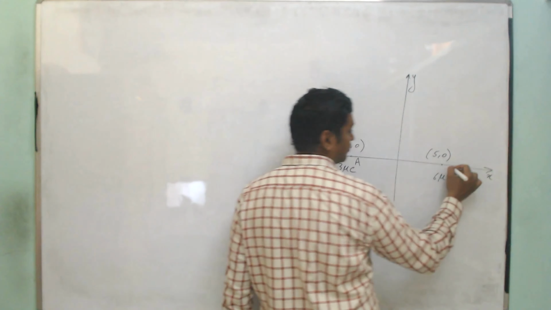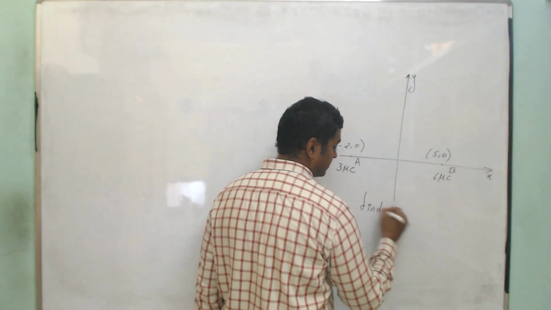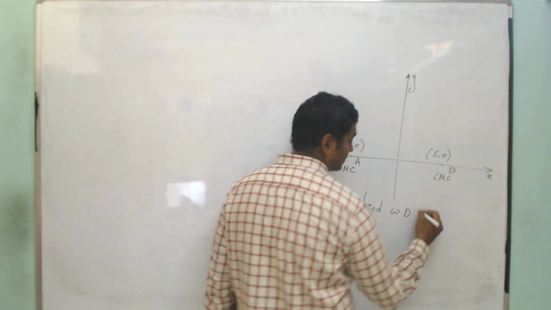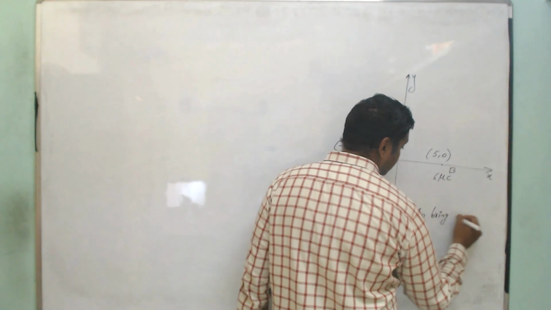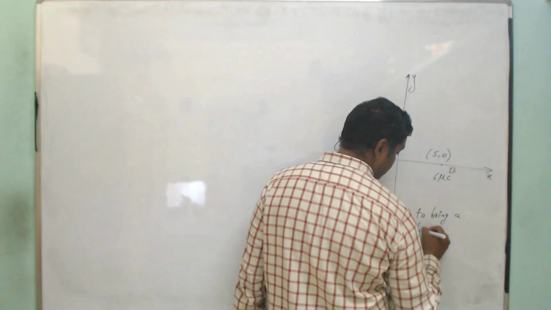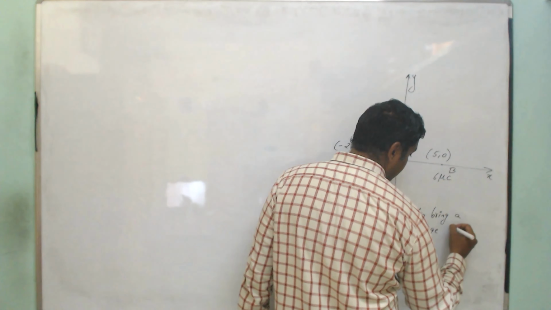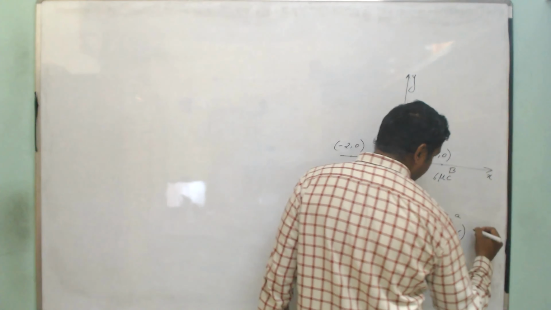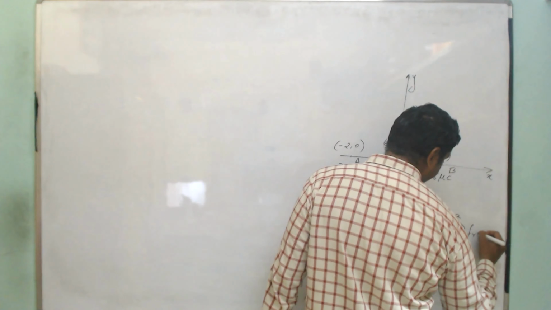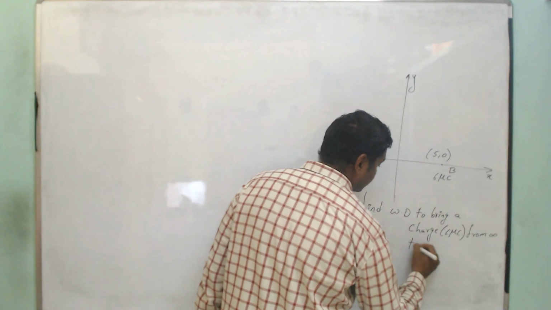So let's say this point is A, this point is B. Find work done to bring a charge of 6 microcoulomb from infinity to point B.